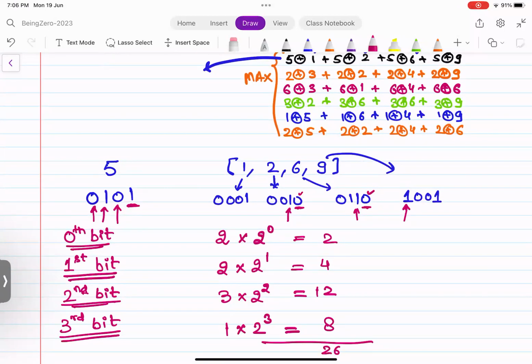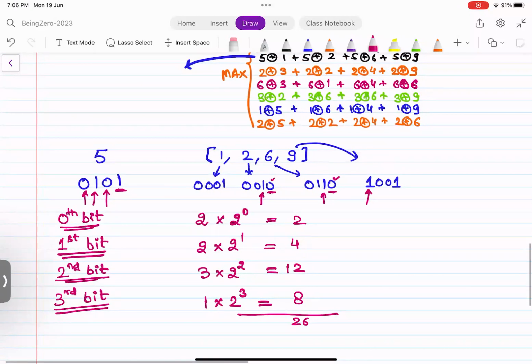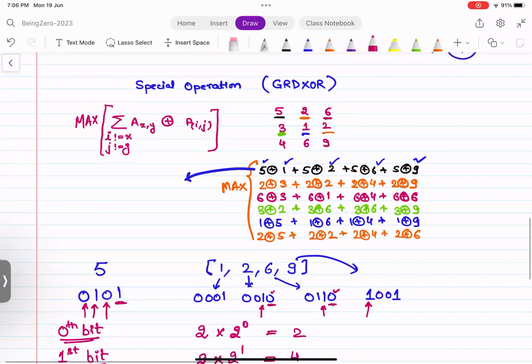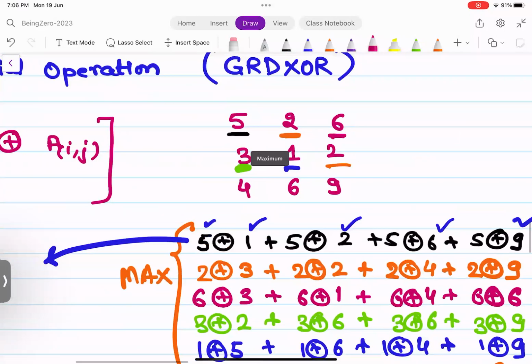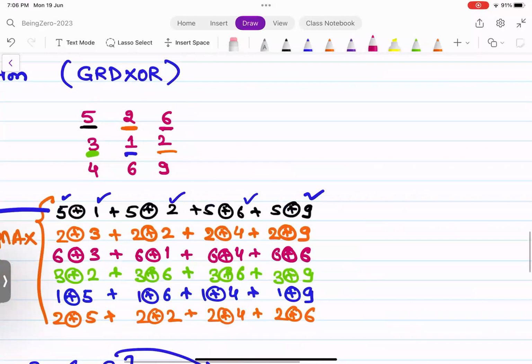So this is how we have been able to calculate by just using the bit patterns of different numbers. Now the goal is basically how do we optimize it. Think about this. In this matrix, I want to remember three pieces of information in total.